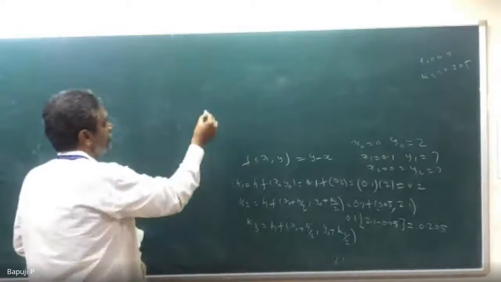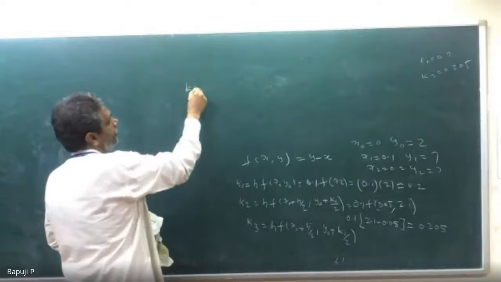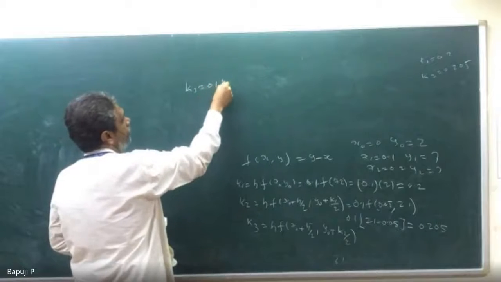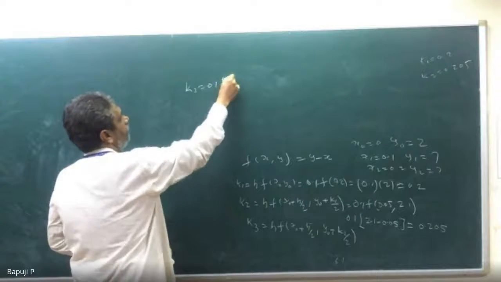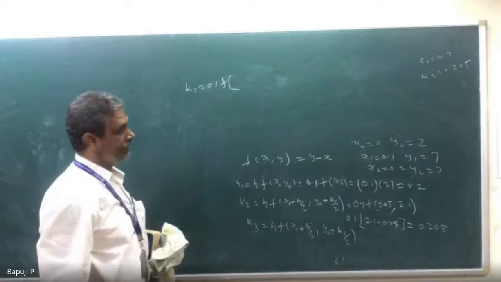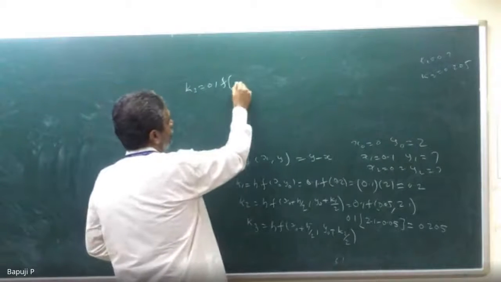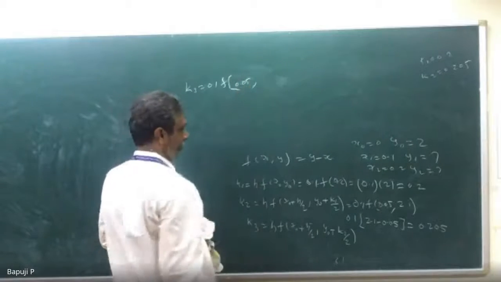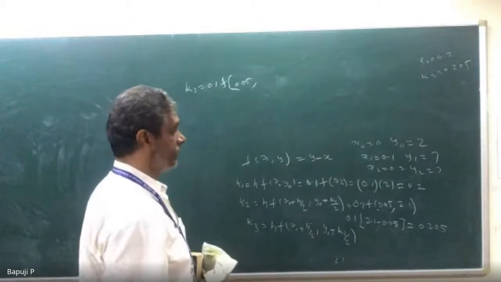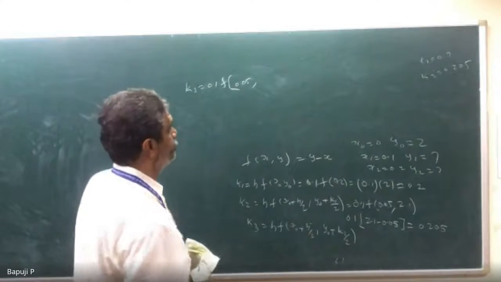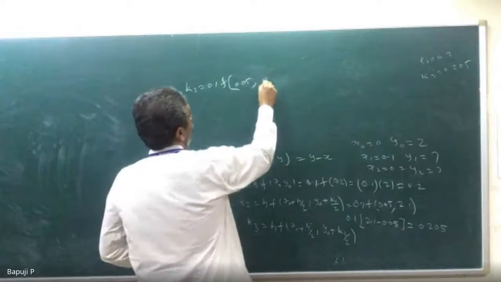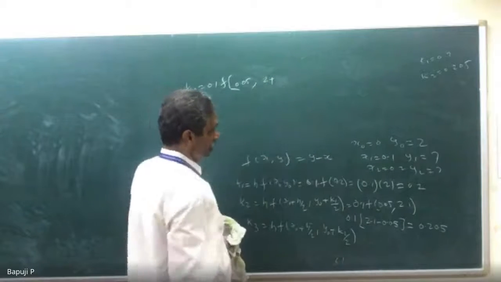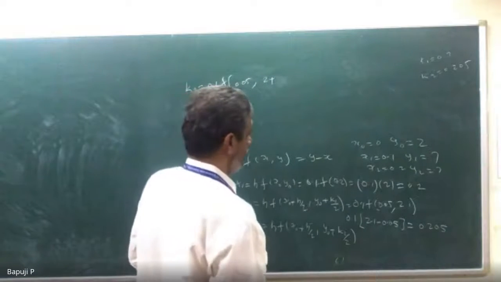What is K3 value? 0.1. Then h by 2 is what? 0.05. Then y naught plus k2 by 2. Who is y naught? 2. 2 plus k2 by 2. Who is k2?